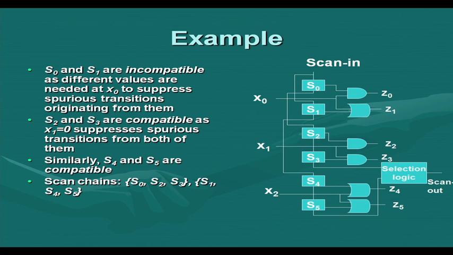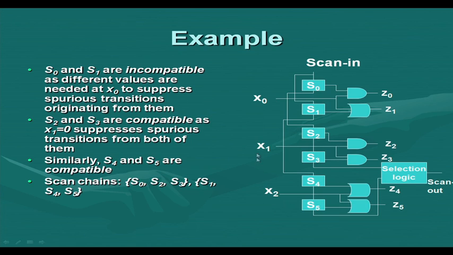Okay. So, when I have got S0, S2, S3 into a set, we can control them by setting X0 and X1 values to particular values, so that they will not transit. Similarly, S1, S4 and S5 are in one set.